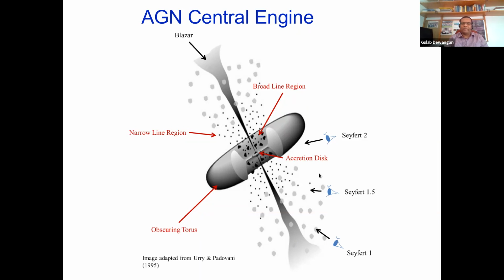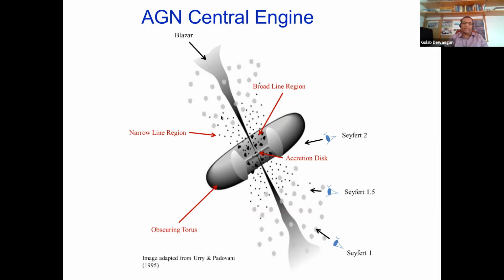On the other hand, if your view is direct to the accretion disk, the X-ray emitting region and the broad line region clouds, so we see emission from all these components, in that case we call these AGNs type 1 AGNs. And then, of course, there are Seyfert type AGNs and quasars, etc., and all of them are classified into type 1, type 2, etc.